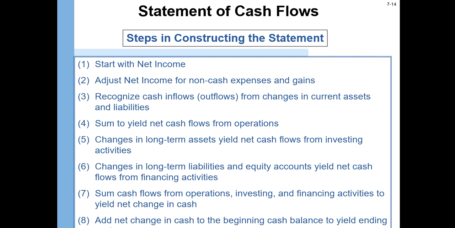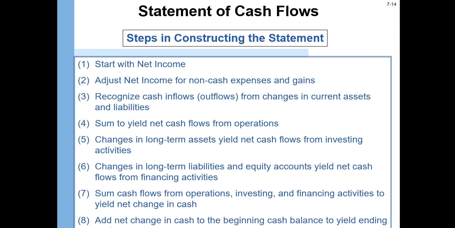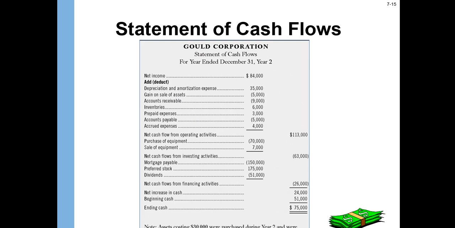Okay, so the steps in constructing the statements. Start with the net income. Adjust net income for non-cash expenses and gains. We have net income here. Non-cash expenses and gains: we start with those. Gains on sales of assets minus $5,000.